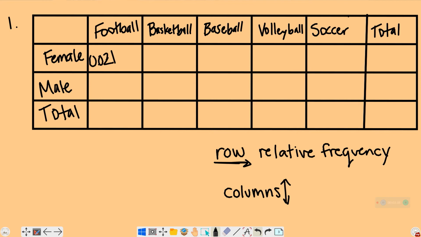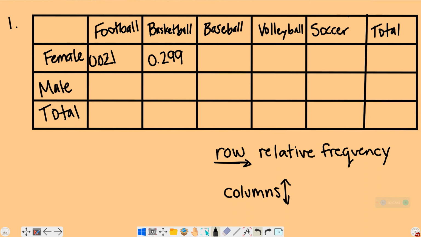Then you're going to take the basketball one, which is 29, and divide that by 97. It will come out to about 0.299. Then the baseball number.